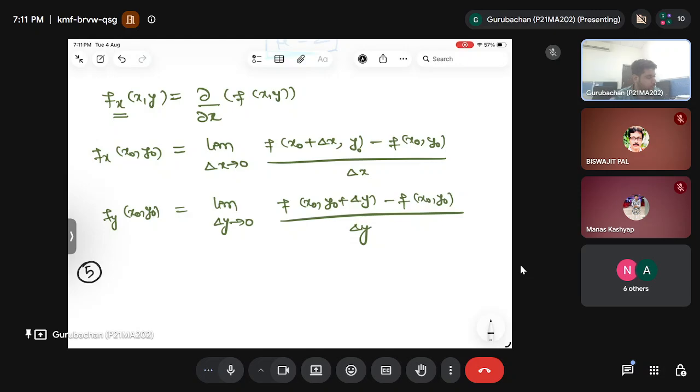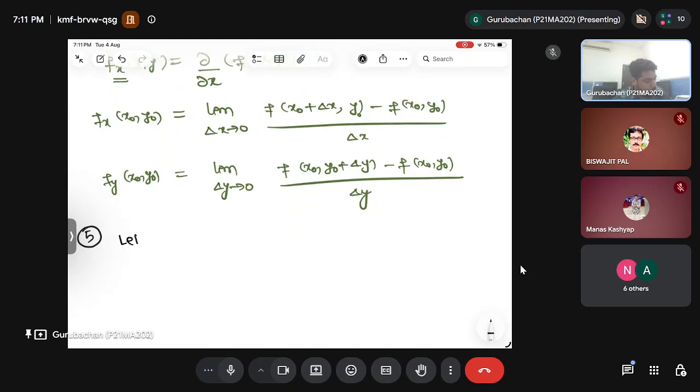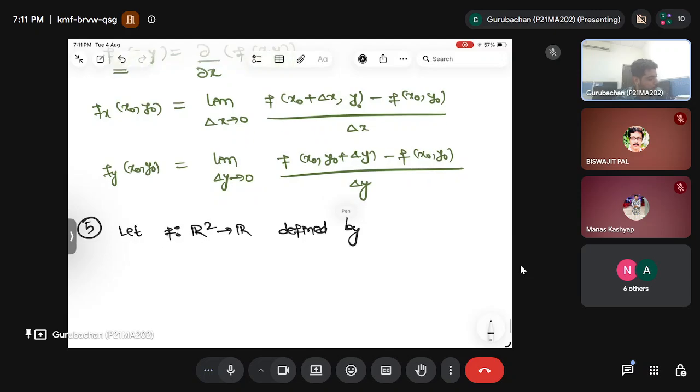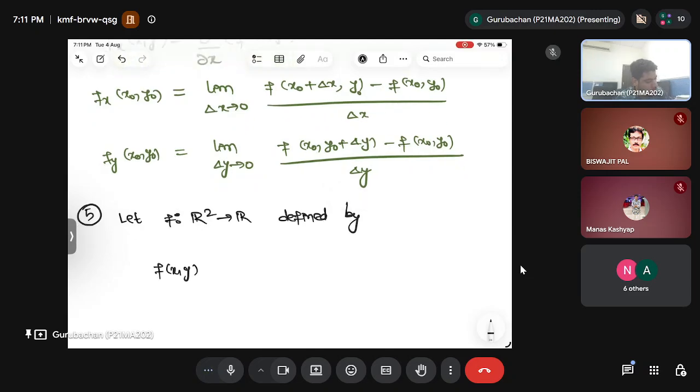Question number 5. Let f from R square to R be defined by f(x, y) equal to x square sine 1 by y square plus y square sine 1 by x square if x is not equal to 0 or y is not equal to 0.